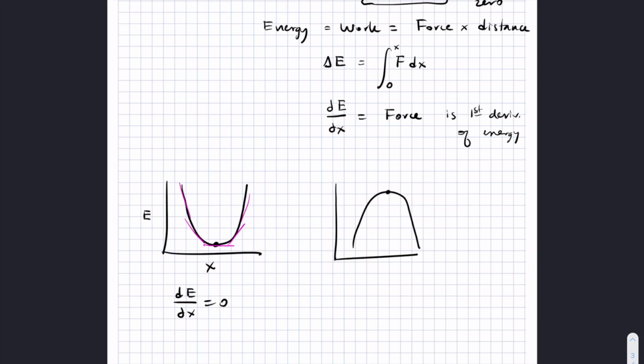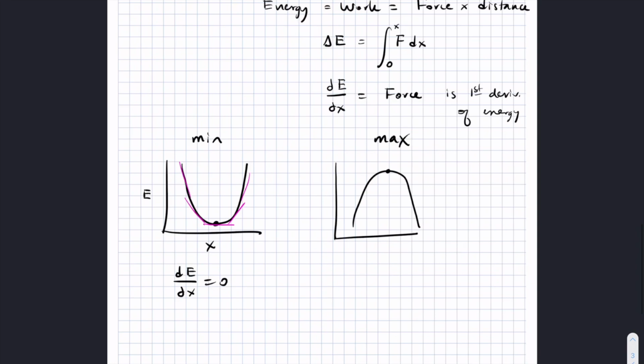Okay? So for the picture on the right, where this is a minimum, what is the sign of the second derivative? Should it be positive or negative? Is it increasing or decreasing? It's positive, right? Slopes used to be negative. They go to 0, now they become positive.